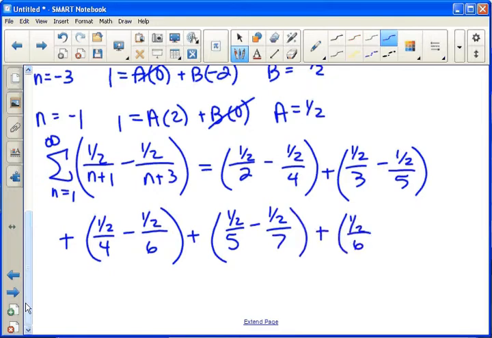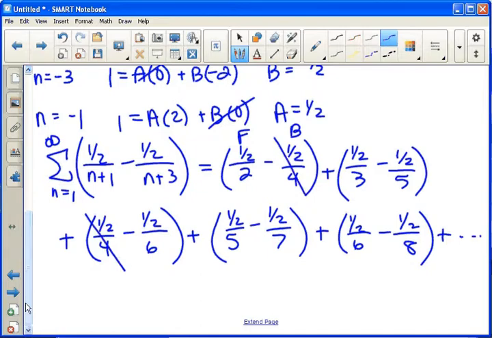Because remember, the way these work, calling these the front and these the back, as soon as one front term cancels, they will all cancel out. And all the back terms always cancel out. So negative 1/2 over 4 right here cancels out with a positive 1/2 over 4 right here. Negative 1/2 over 5, positive 1/2 over 5.